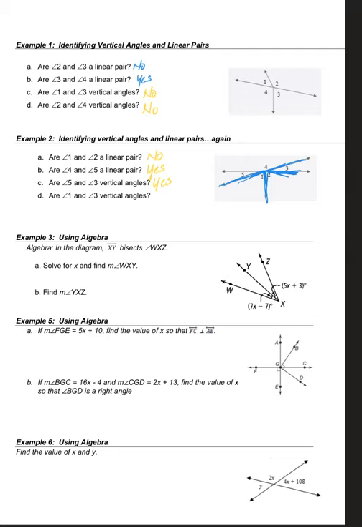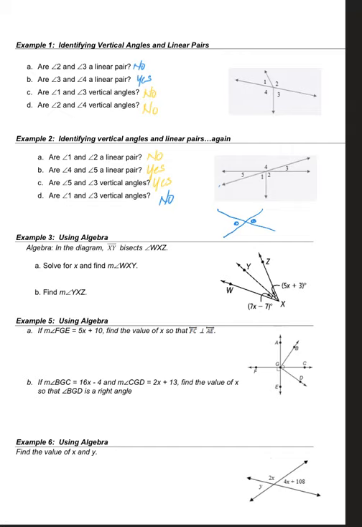So no, those are not vertical angles. And if you also remember, vertical angles have to be congruent. Angle 1 is much bigger than angle 3, so those would not work. If you remember, vertical angles have to basically form an X, and it's kind of like the eyeballs in the X. That's how I always envision vertical angles, if that helps solidify that at all.